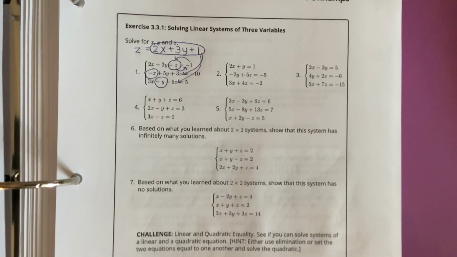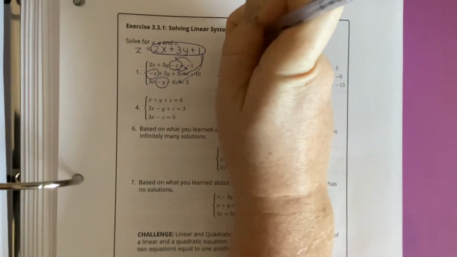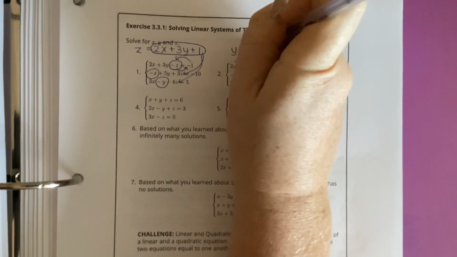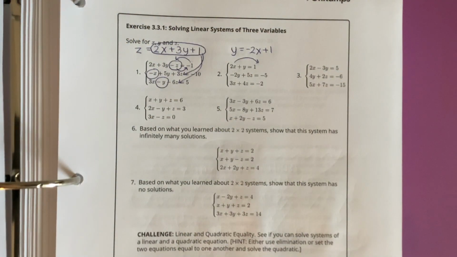So I'm going to show you what that one would look like. If I took this and I moved it over, I would have y equals negative 2x plus 1. And remember, your goal with everything that you're doing is to create a 2x2 system.